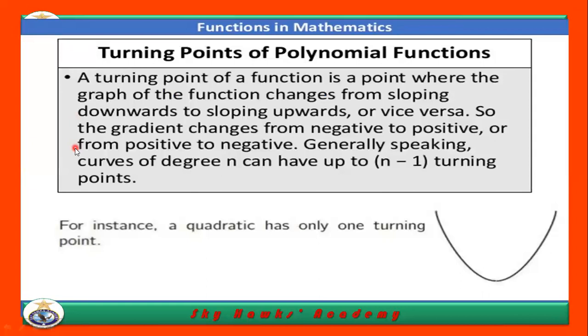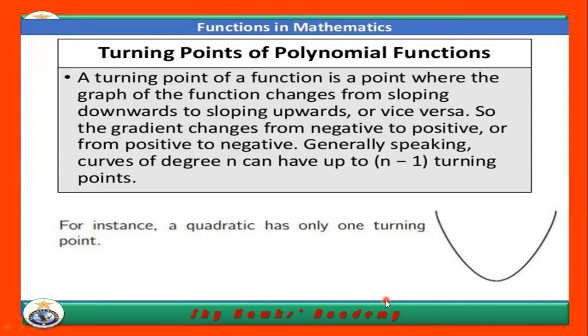Generally speaking, a curve of degree n can have up to n minus 1 turning points. For instance, a quadratic has only one turning point, because it's coming down and at the turning point it then goes up. So by looking at the graphs, you can talk about the degree of the functions, the turning points, and the number of zeros.